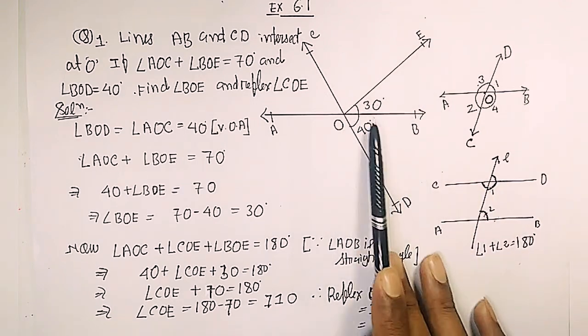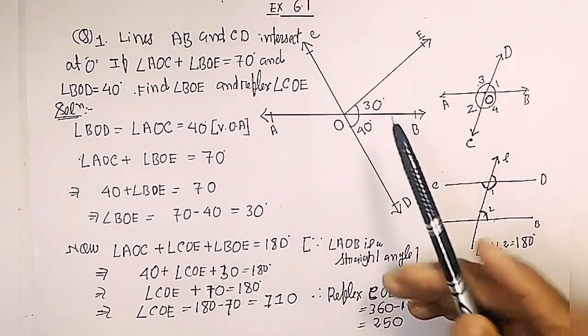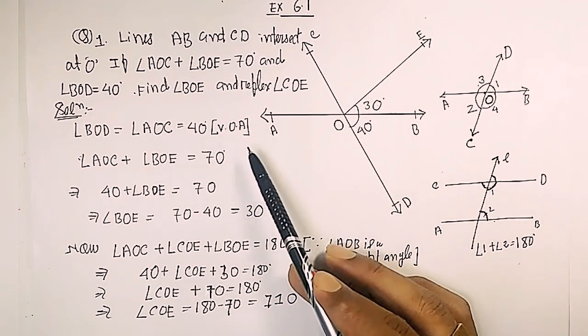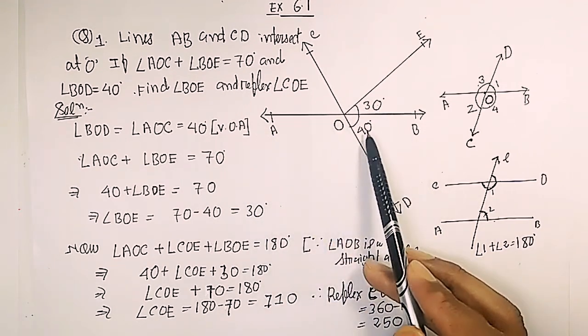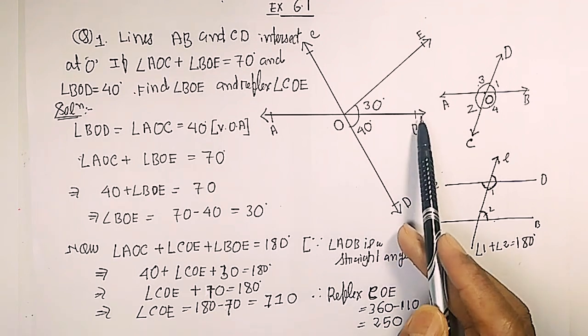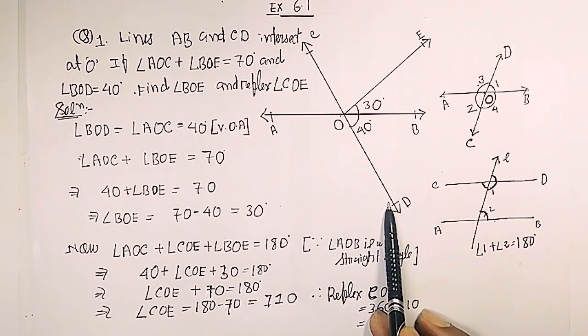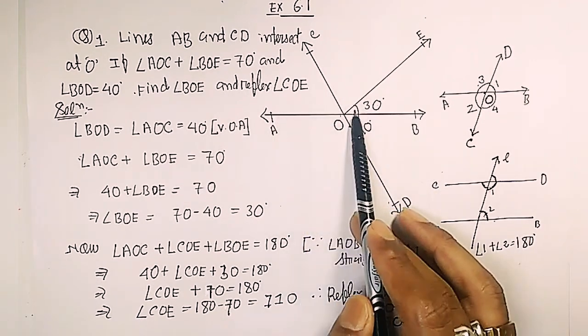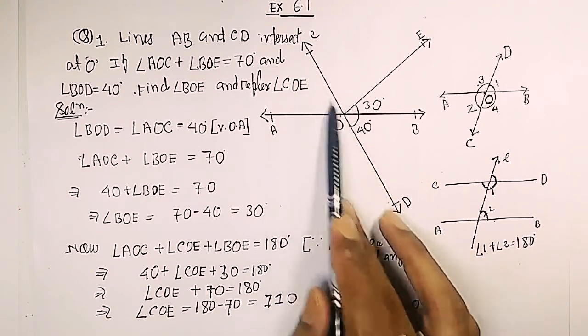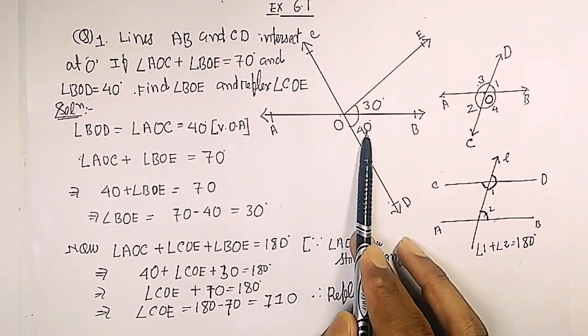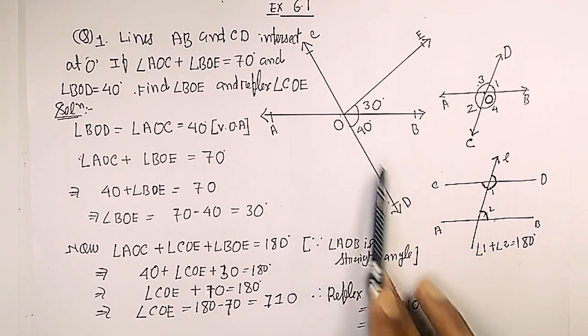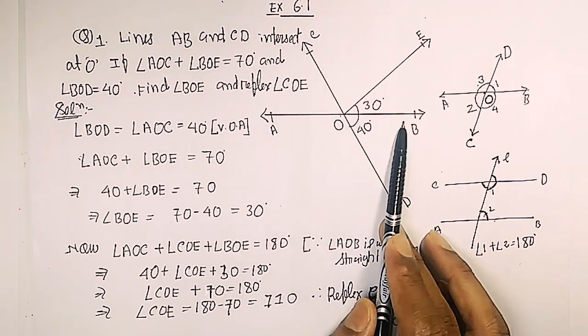Now the solution. Angle BOD and angle AOC, these two angles are vertically opposite angles. Why are BOD and AOC vertically opposite angles?